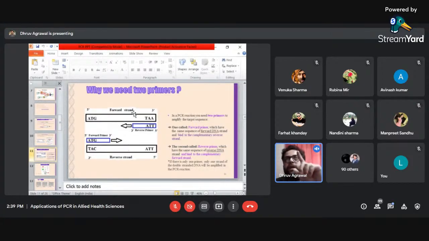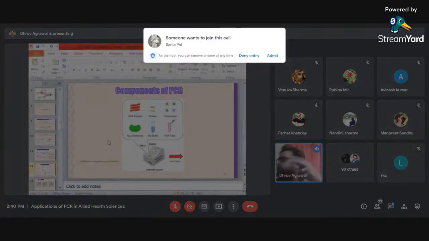Now the question is, if we have only one primer, then during PCR you will be able to get just one strand synthesized. But we need both the strands to get a complete, intact gene sequence. If you are using only a single primer, you will end up with a single strand synthesized. So that's why we need the two primers, forward and reverse primer.